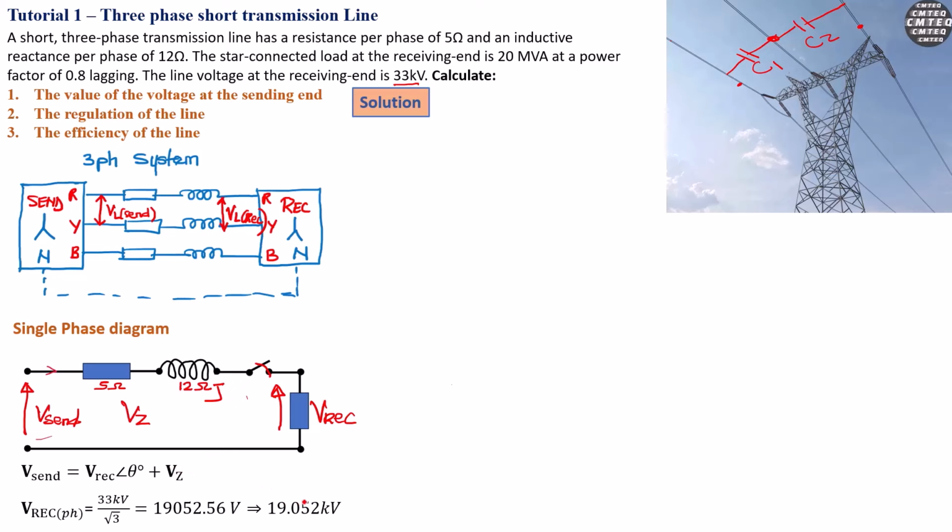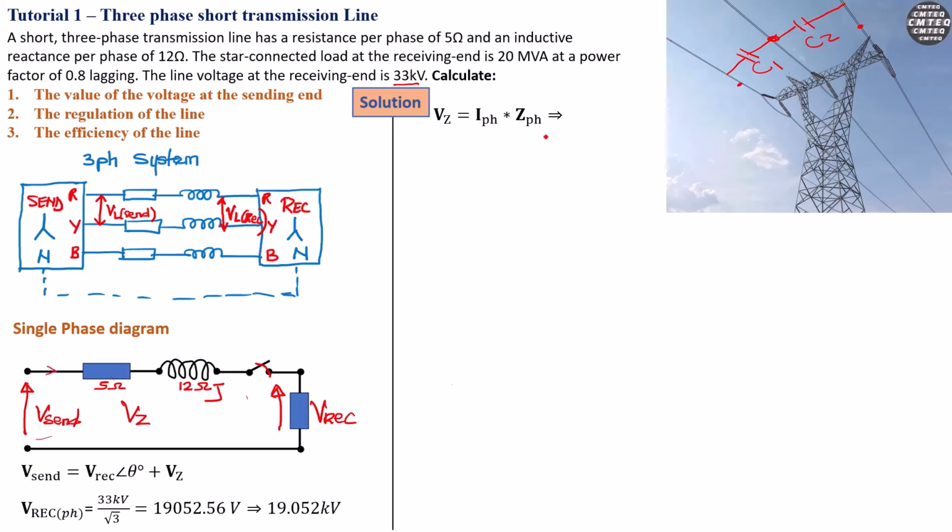The next stage is to calculate Vz. Since we now know the V received per phase, if we find Vz, we will know the voltage at the sending end. So how do we calculate Vz? This is very simple. Vz is equal to I phase times Z per phase. We already have the Z per phase here, based on the resistance and the reactance per phase.